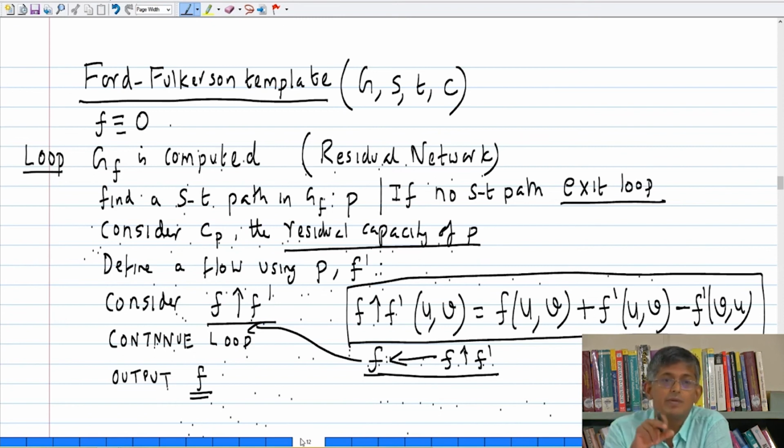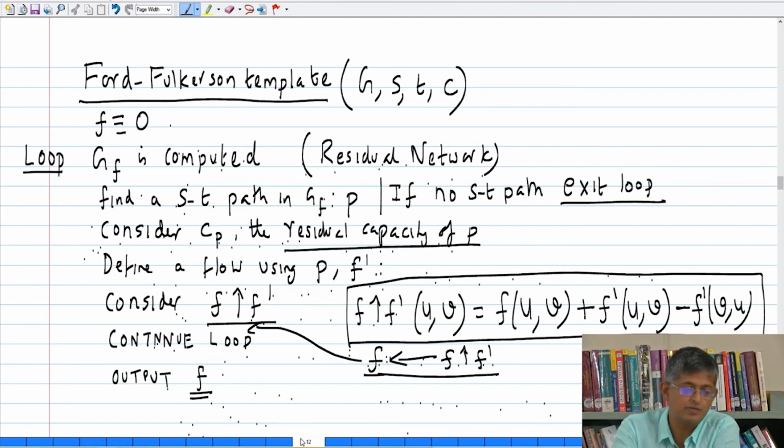So if you find an ST path, the capacity of every edge in that path is greater than 0. Therefore, the minimum, which is the residual capacity of that particular path, is greater than 0. So F prime, the value of that particular flow, we will argue is also greater than 0. Therefore, when you add the two flows, you will have a strict increase from iteration to iteration.